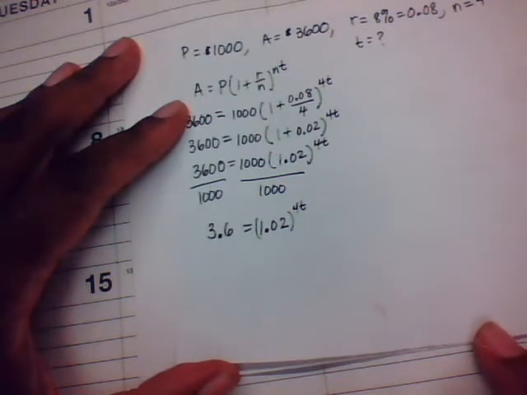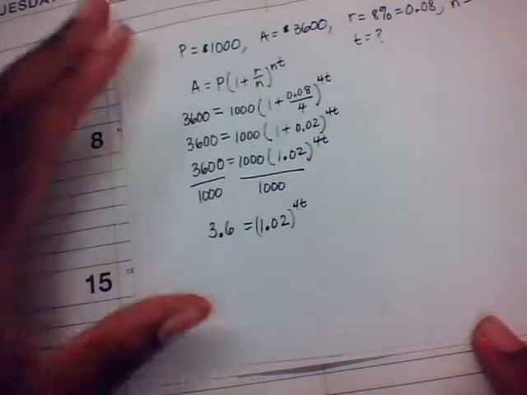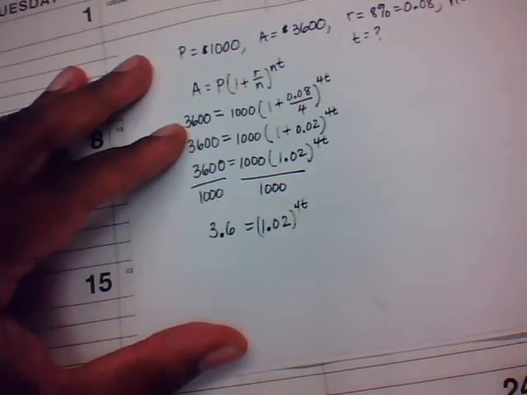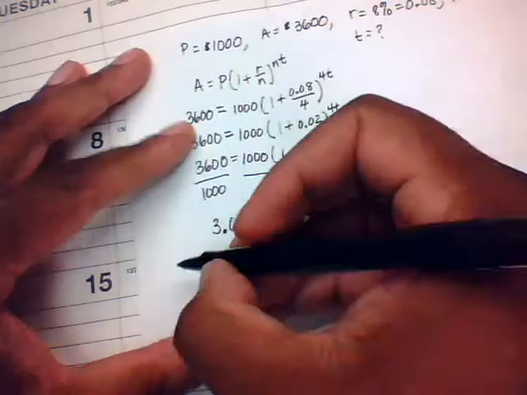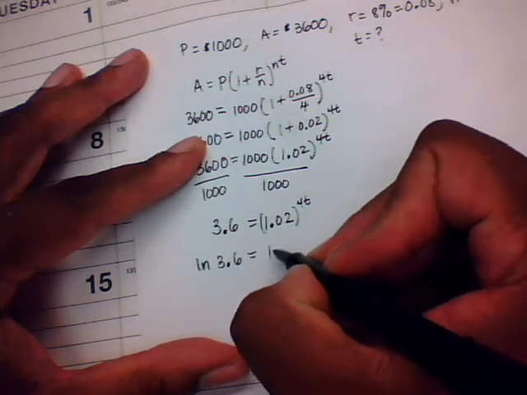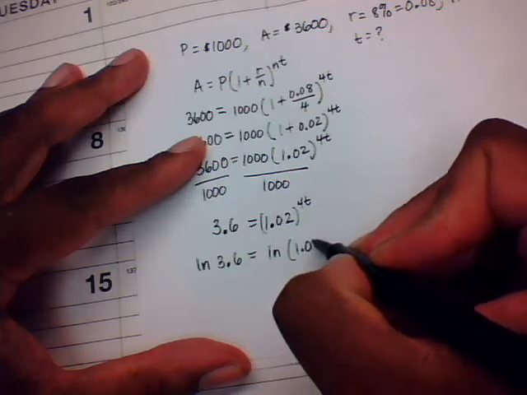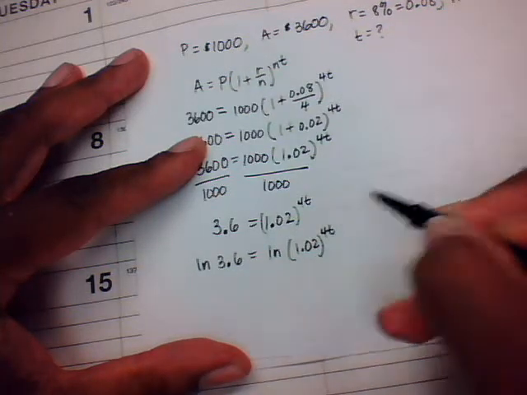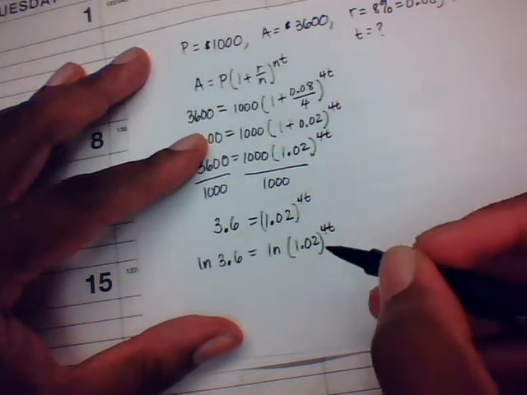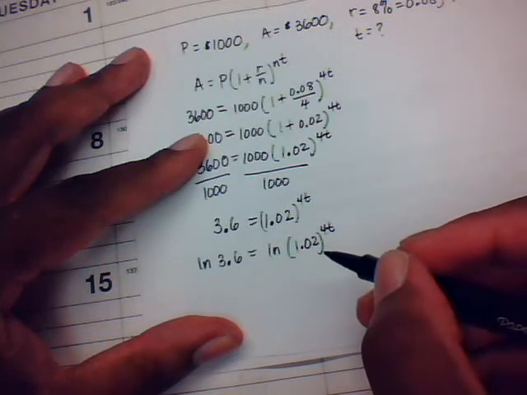Now we have an exponential equation here. To solve that exponential equation, we need to take the natural logarithm on both sides. So we'll take the ln of 3.6, and the ln of 1.02 to the 4t. The right side of this equation, we're going to have to use the power rule.